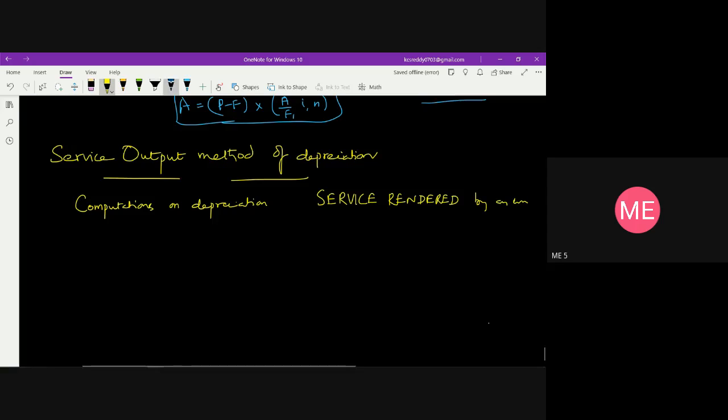Say for example, we'll discuss in detail here. P, say for example, you take the initial cost or first cost of an asset.